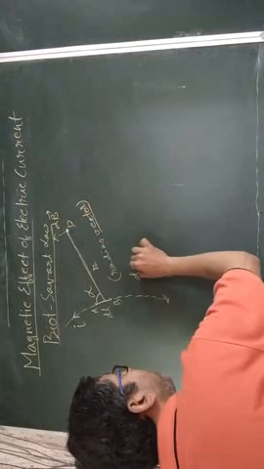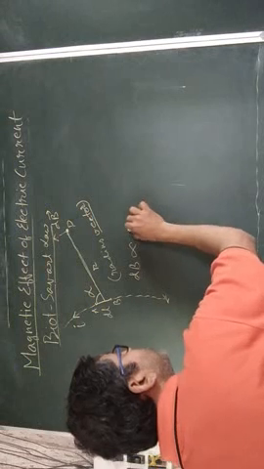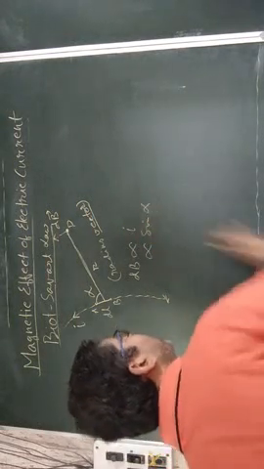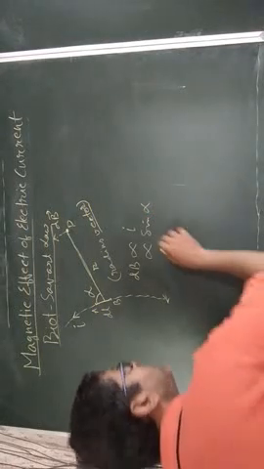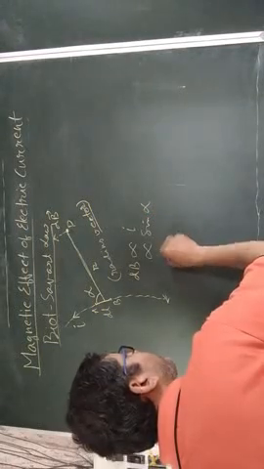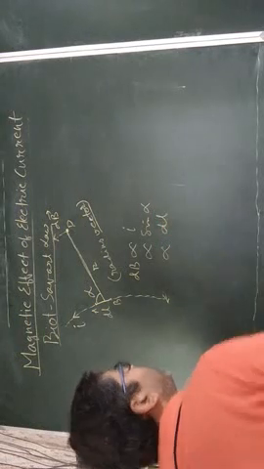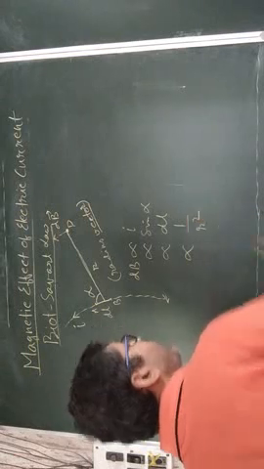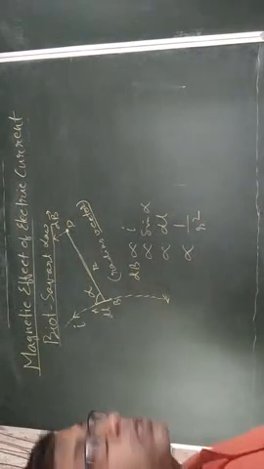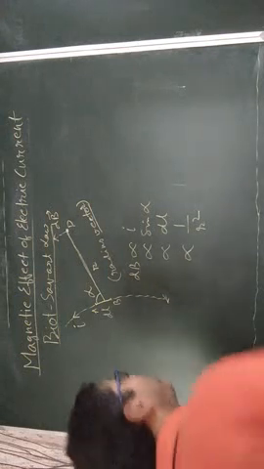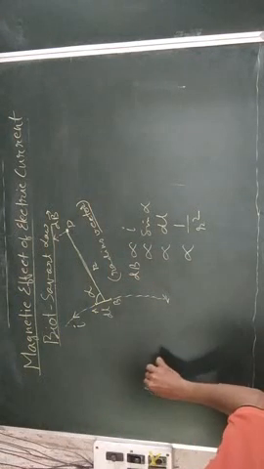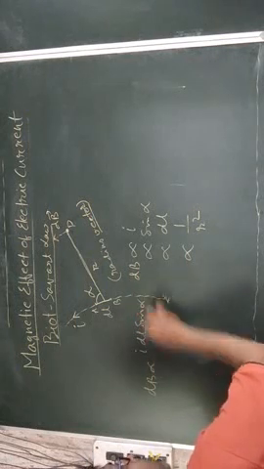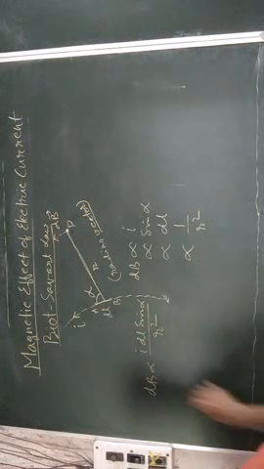According to them, dB is directly proportional to the value of the current, sine of the angle made by the radius vector with the element, length of the element, and inversely proportional to the square of the distance. So combining all this, dB varies as I dl sine alpha by r square.